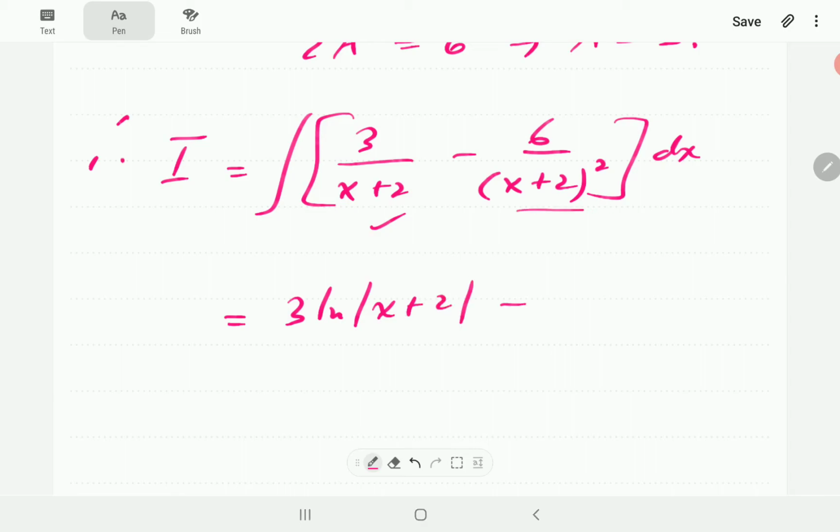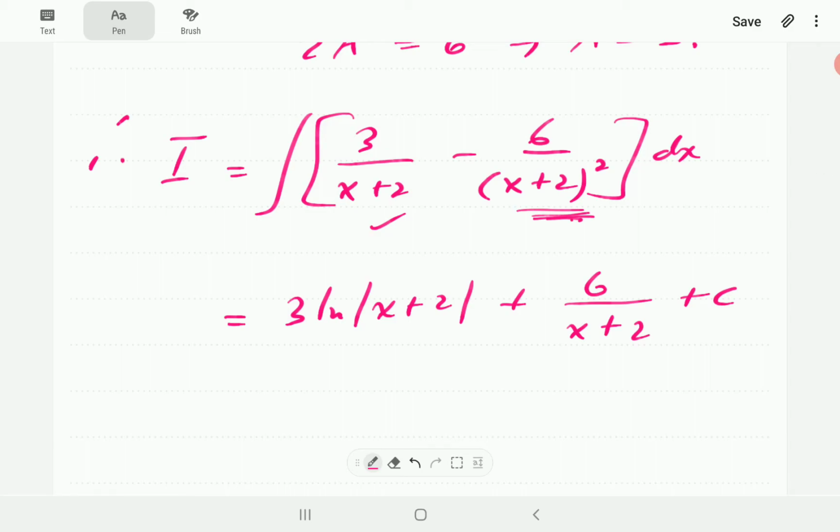And this one, you must be careful with, is just going to integrate to 6 over (x + 2). Many students will get caught out on this one and write it as ln of (x + 2) squared. It's actually just 6 over (x + 2). You can use the method of u-substitution here just to confirm.